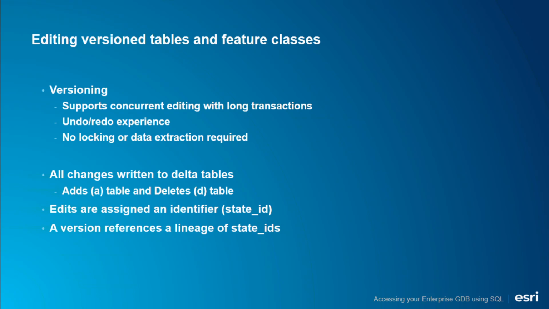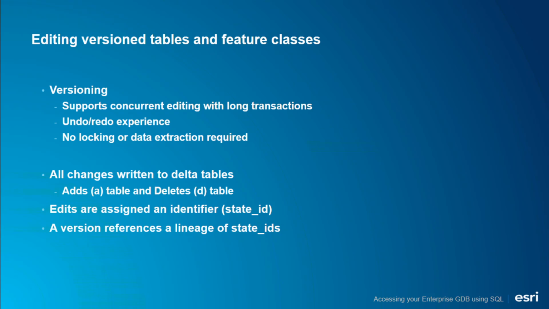It's not useful from ArcCatalog itself. It's exclusively generated for you to do edits at the SQL level. So at the SQL level also, you get the same versioning experience.